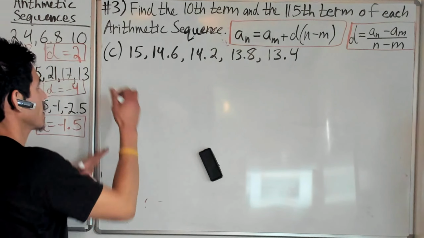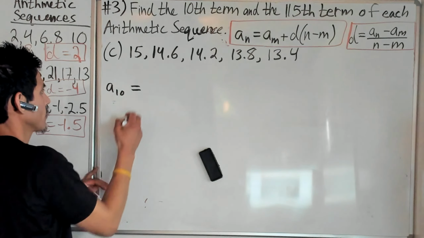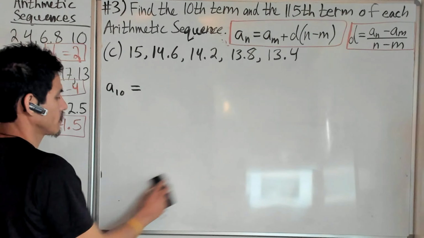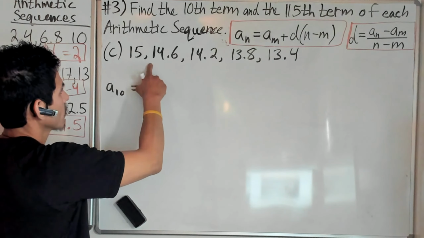So maybe give this one a shot. Try to find the 10th term and the 115th term. But here I go. Let's start with the common difference. We're going down by 0.4 each time, so our common difference D is negative 0.4.